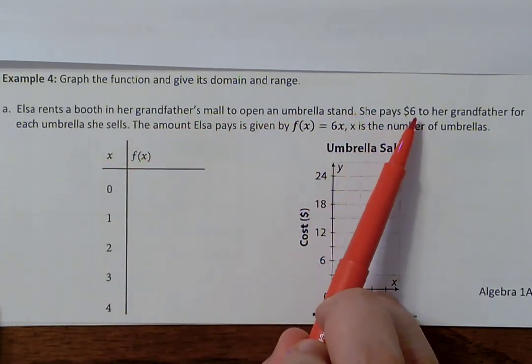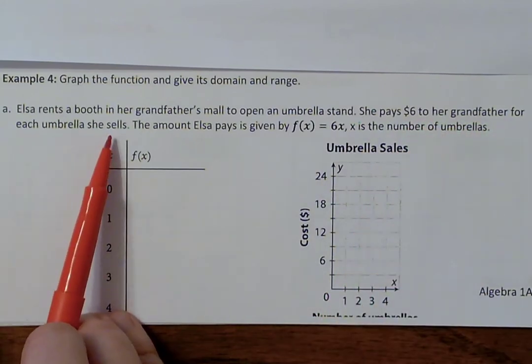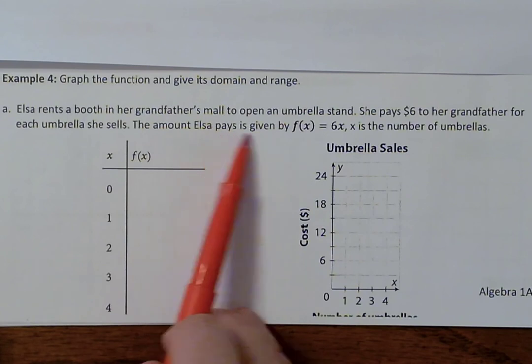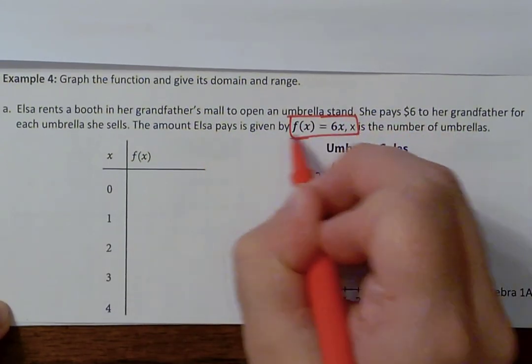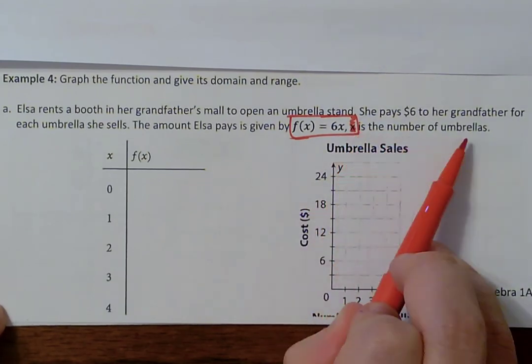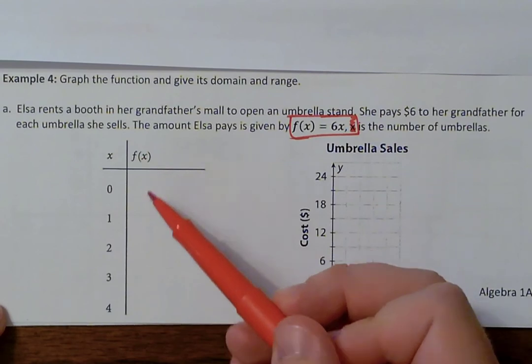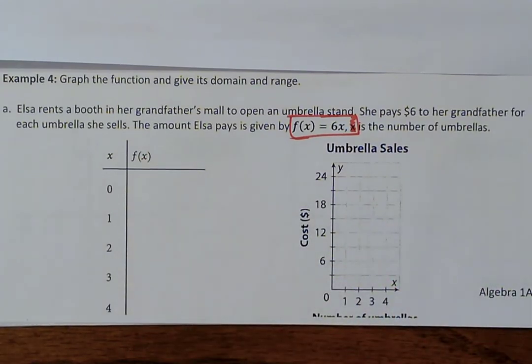She pays $6 to her grandfather for each umbrella she sells. The amount Elsa pays is given by f of x equals 6x, where x is the number of umbrellas. So they want us to fill in the table and then graph our line.